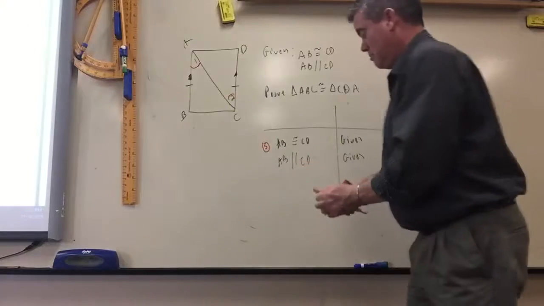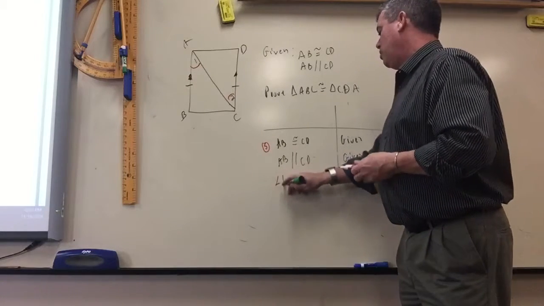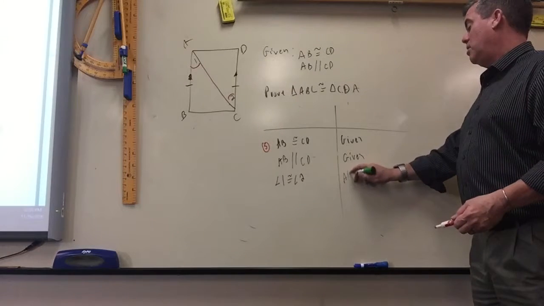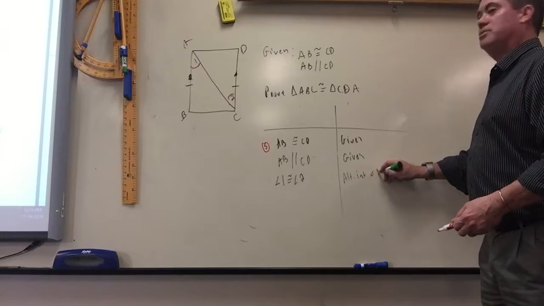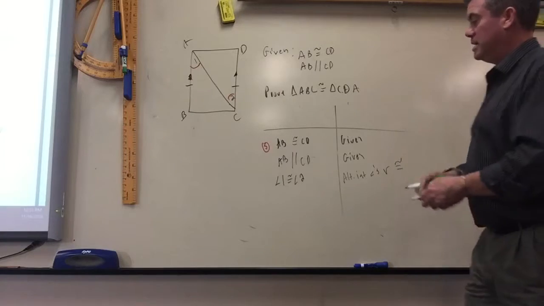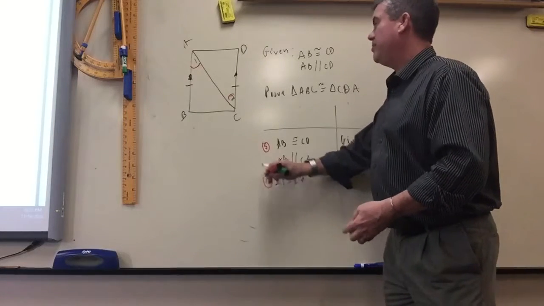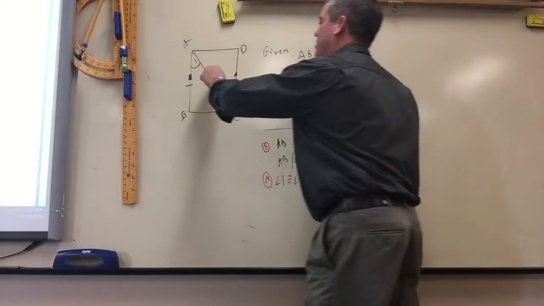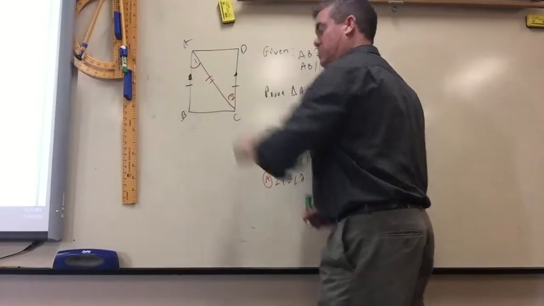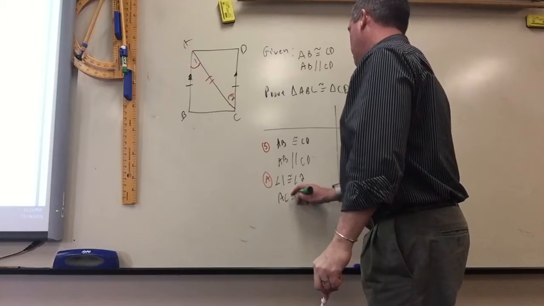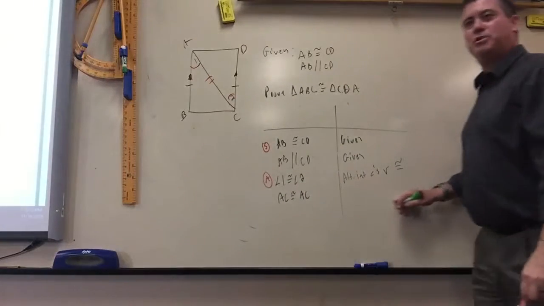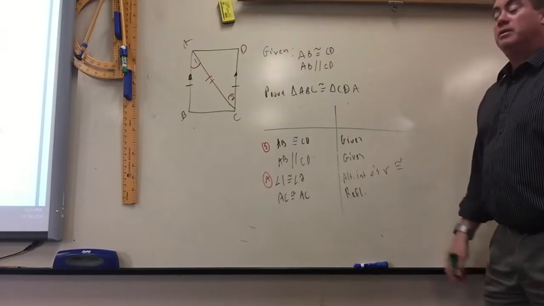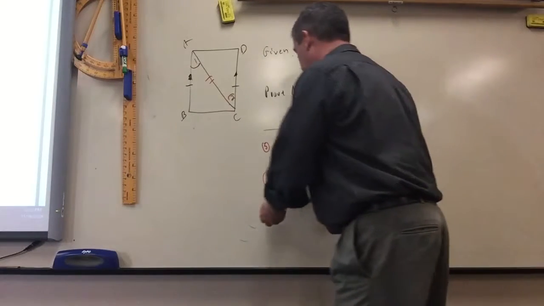So you could just say angle 1 is congruent to angle 2 because alternate interior angles are congruent. So there's an angle. Then we know one other thing. Shared side. AC equals AC. So again, you could put shared side or reflexive. So there's another side.